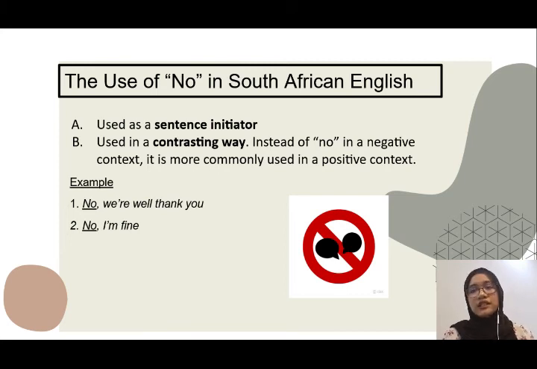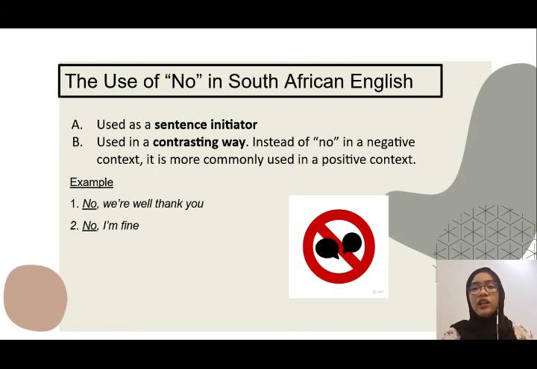To illustrate such a situation, an example is when subject A asks, "How are you keeping?" to subject B, and subject B answers, "No, I'm fine." Another similar situation is, "How are you guys?" and another person answers, "No, we're well, thank you." Notice how in these two situations, both questions are not asked in a negative way.